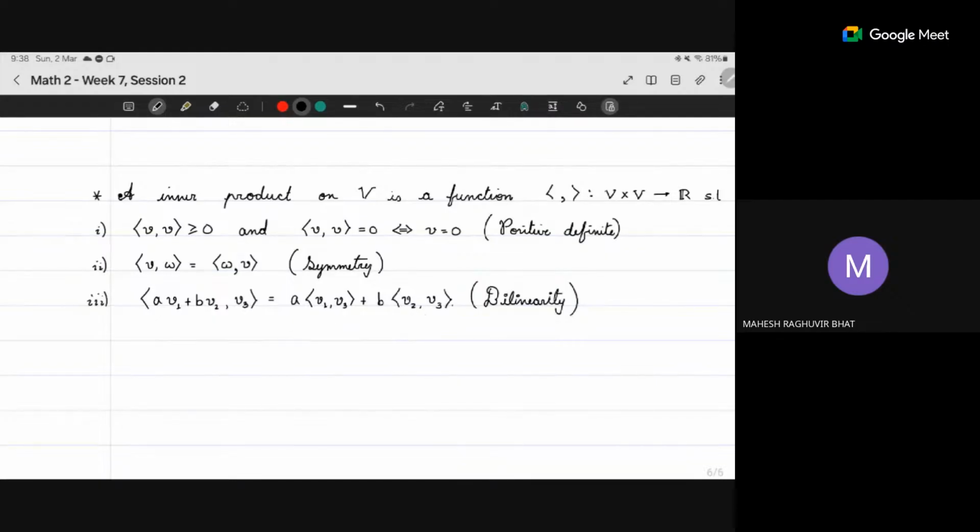It doesn't matter. So in some sense, it respects the vector space operations. It is consistent with the vector space operations. You do the addition and then take the inner product, or you take the inner product and then do the addition. It gives you the same real number as the answer. And you can verify this property for the standard dot product also.